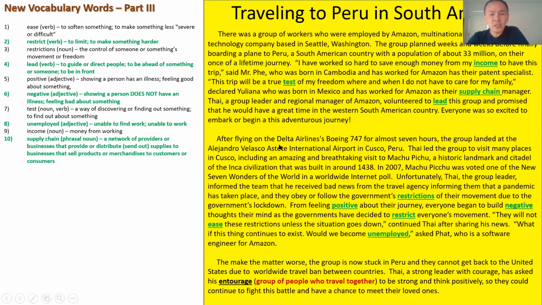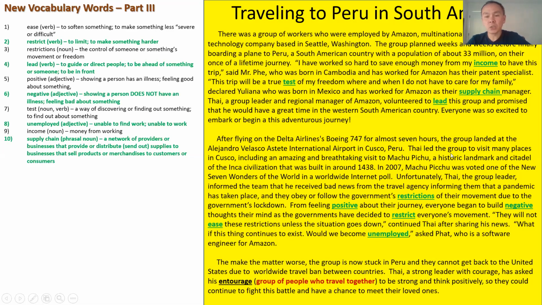After flying on a Delta Airlines Boeing 747 for almost 7 hours, the group landed at the Alejandro Velasco Astete International Airport in Cusco, Peru.